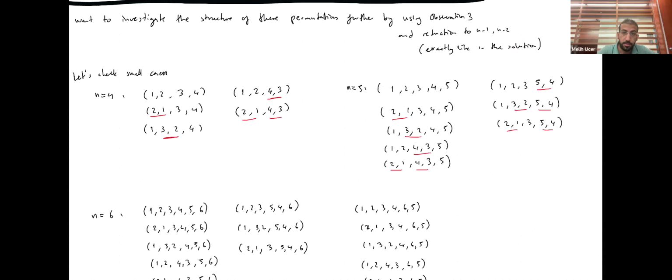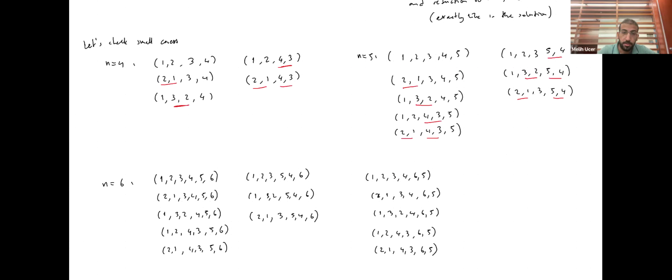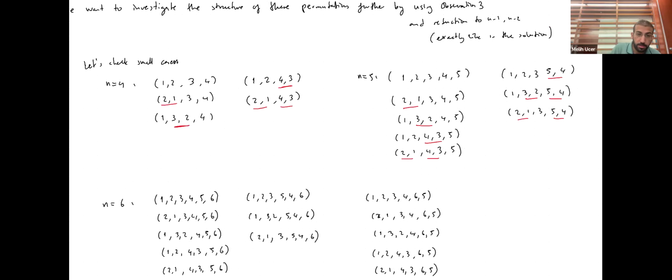Here there is no swap. Here is the swap. Here these are the swaps. Here this is the swap. So two swaps. Here these are the two swaps. And here there is no swap.